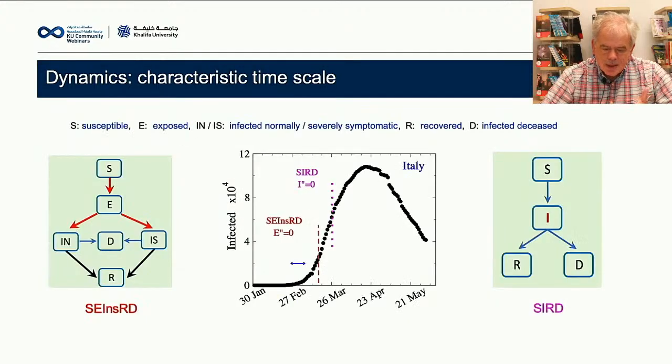But what about when you look at the real data? So here are the data for Italy. What you see with black dots is the number of infected population. And we apply these two models on the same data set. From the model on the left, we expect to get an estimate of the inflection point of the exposed population, and with the model on the right, we expect to get an estimate for the infected population.